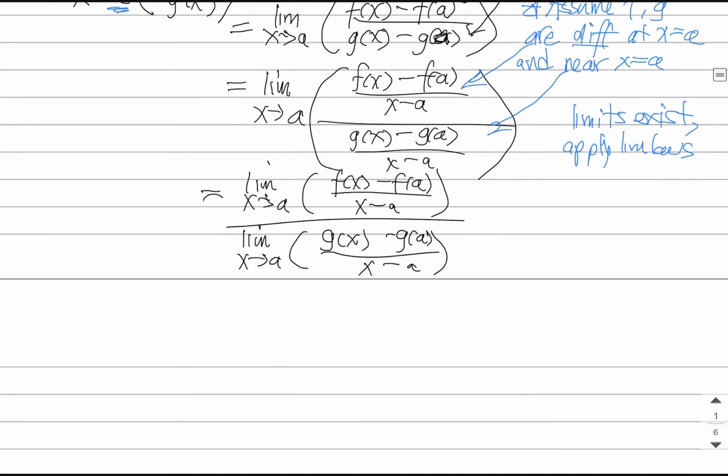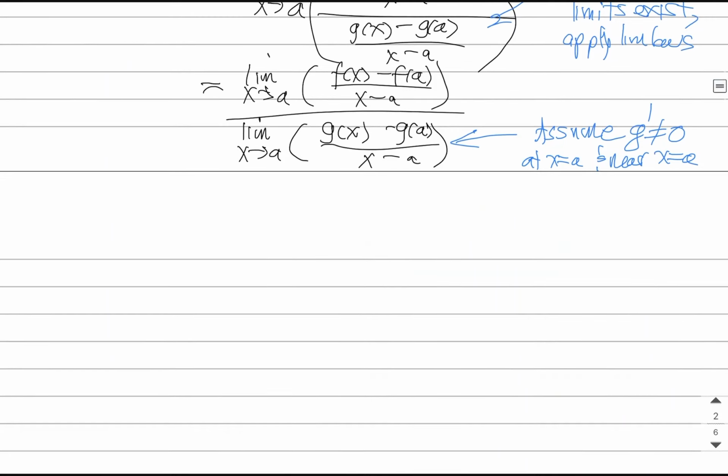I know that the function is differentiable, which means that the derivative exists. I am also going to assume that the stuff in the bottom is never 0. So I'm going to assume that g prime is not equal to 0 at x equals a and near x equals a. So it's a little bit of a specialized situation, but you can see that it's a reasonable thing to assume here.